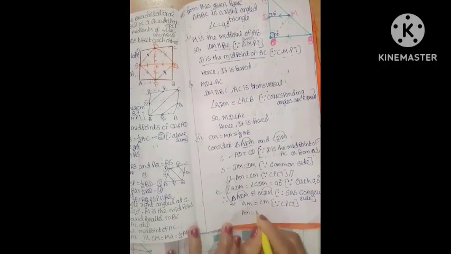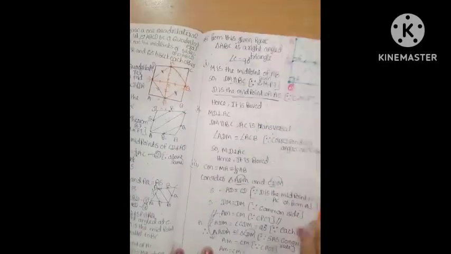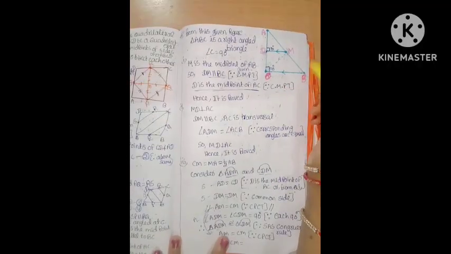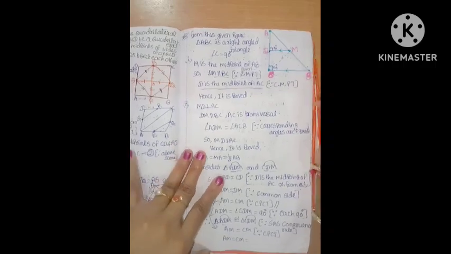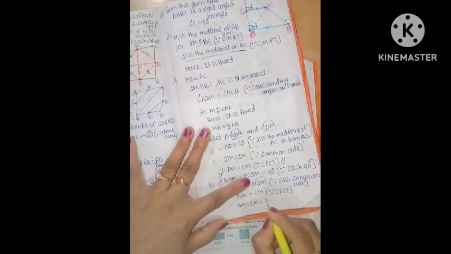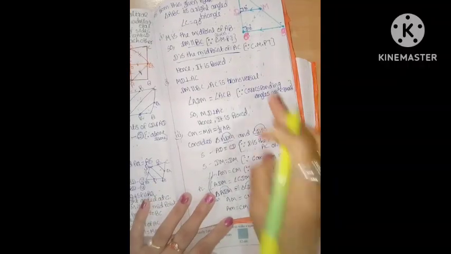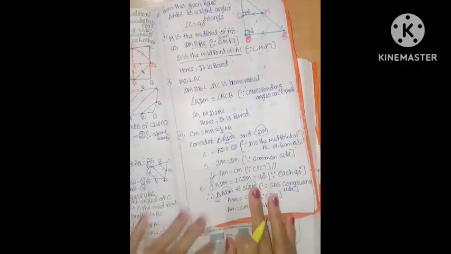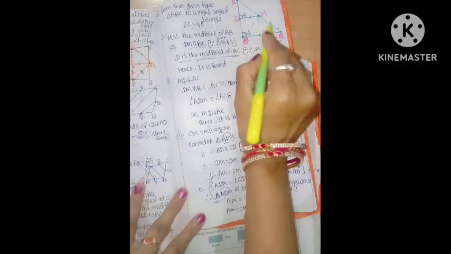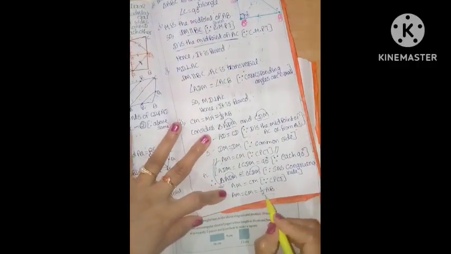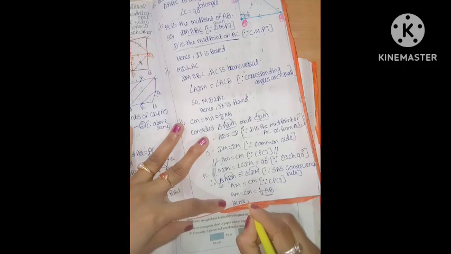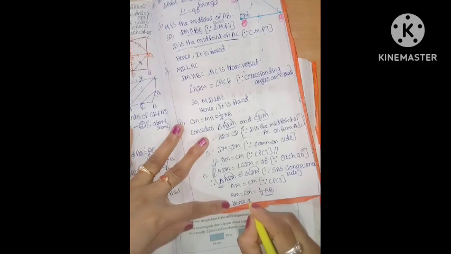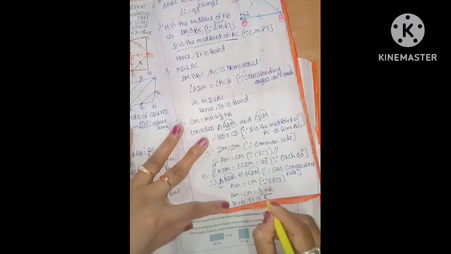AM is equal to CM is equal to half of AB. Are you clear? AM is half of AB and CM is also half of AB. Hence proved. Third question is done.